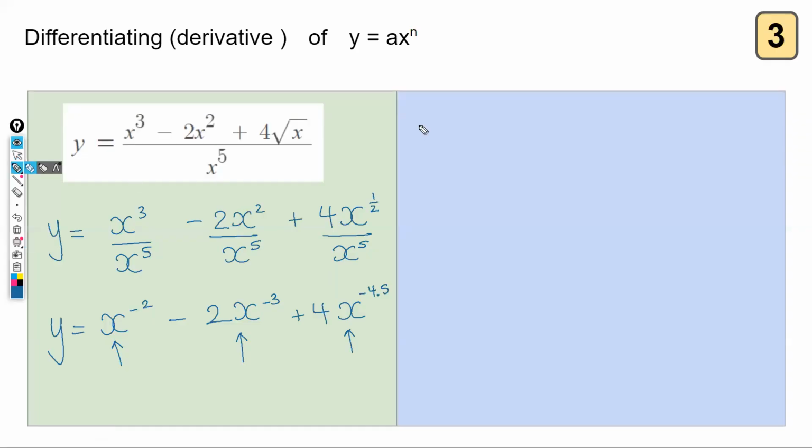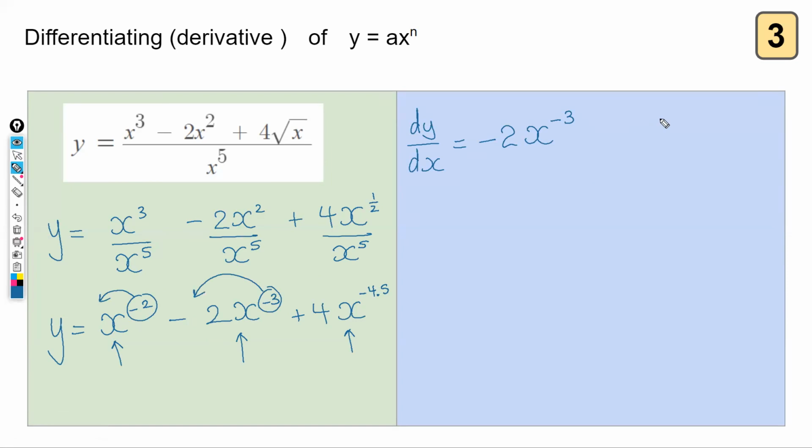Let's see what we get here. When we differentiate this, we get dy dx. Throw this power in front, so you get minus 2, minus 1 from the power, we get minus 3. Throw this power in front, so minus 3 gets multiplied by minus 2. So you can do that in the head, that's positive 6.